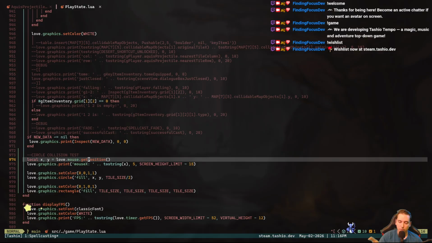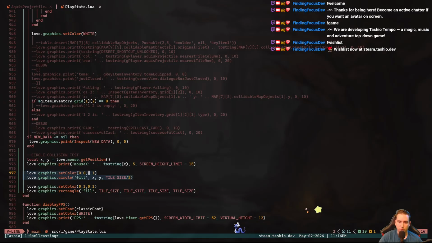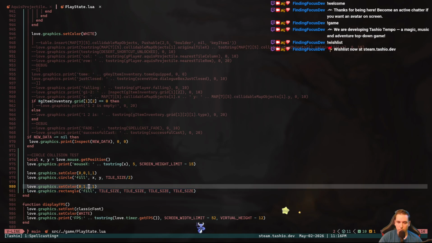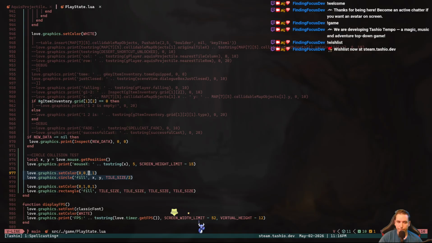Versus a circle, it draws where the center of the circle point is, and then draws it based on its radius. So we need to figure out how to check collision between this rectangle we're rendering and this circle.